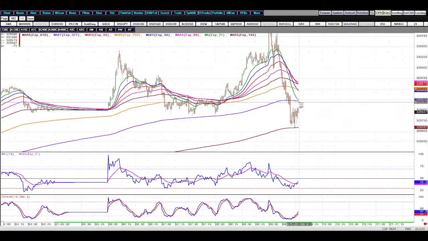Okay, maybe since this has made a high, I may want to go for an add-on entry. Since I've sold at 97, I'm going to revise my stop to 97.